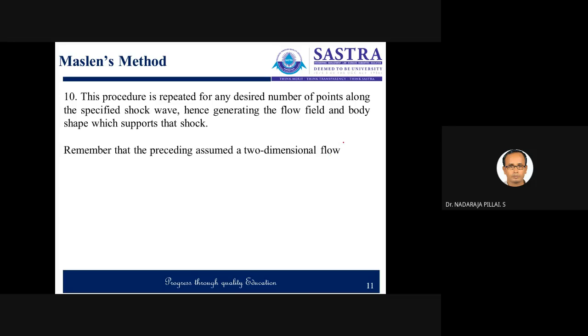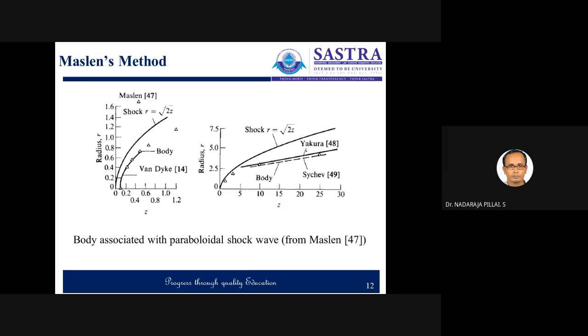Some of the results calculated by Maslen are taken from the Anderson book, reference 47. In this, a paraboloidal shock is assumed, and then the calculated body shape is shown in the graph.